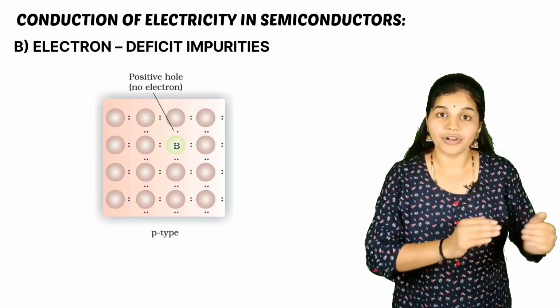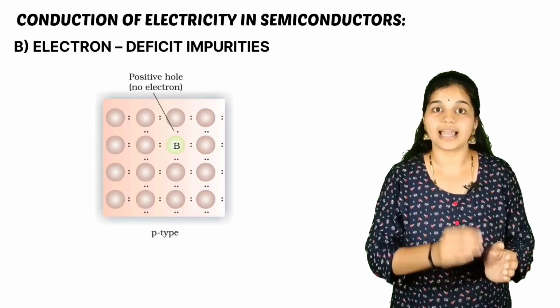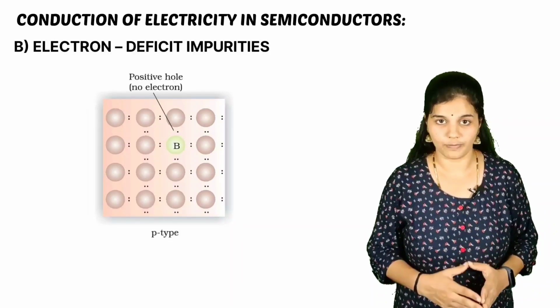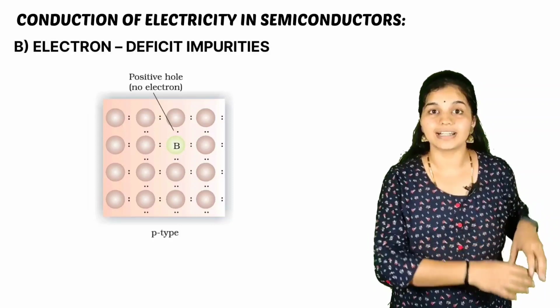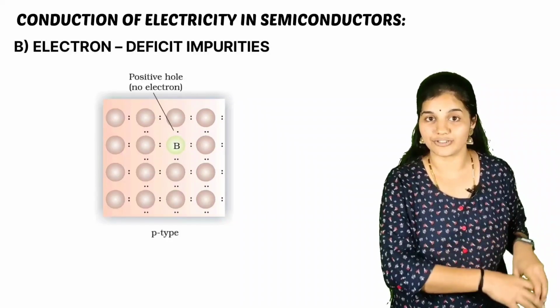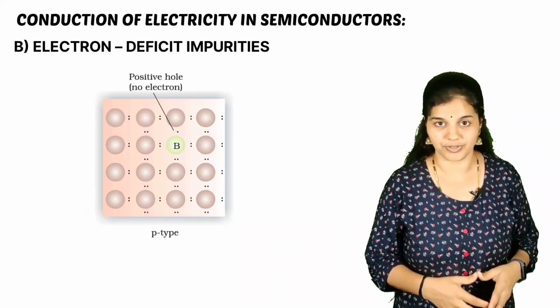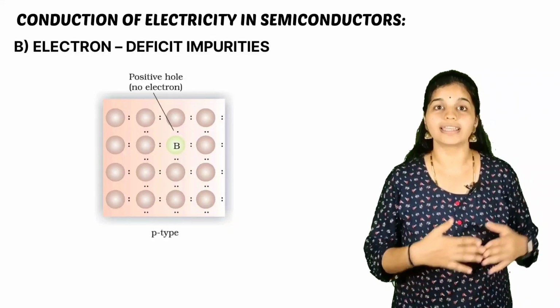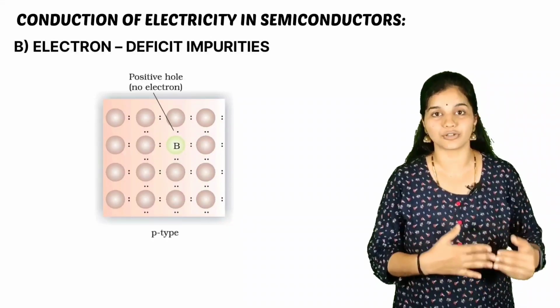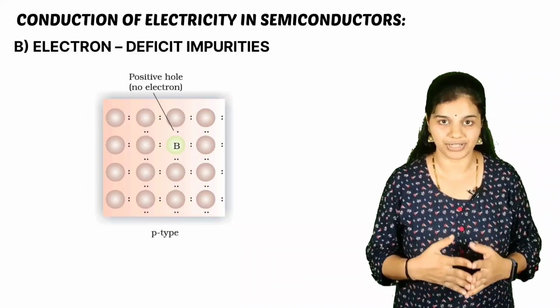An electron from the neighboring atom comes and fills this electron hole. But in doing so, this creates a vacancy at the original position, resulting in the displacement of the electron hole in the direction opposite to that of the electron that has filled it.